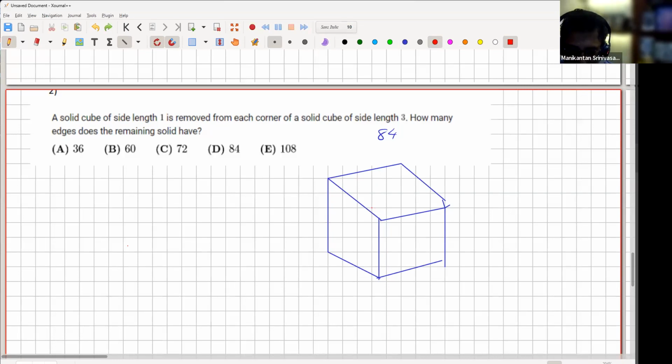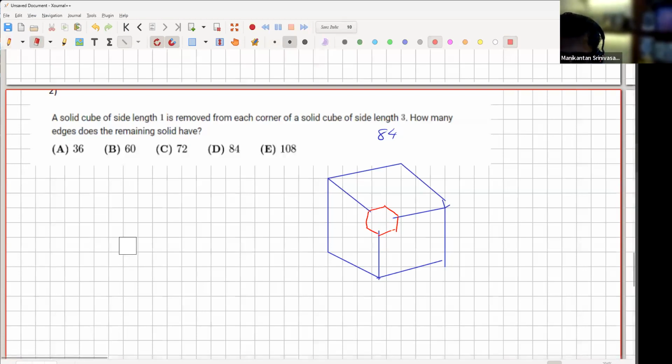Let me just erase this. I'll just hand draw, that's easier actually. So this one small piece comes off. Okay, you're scraping off this portion here.